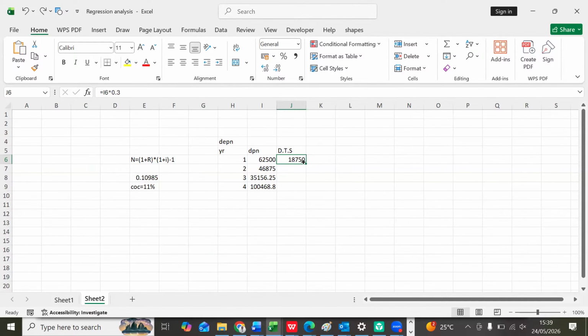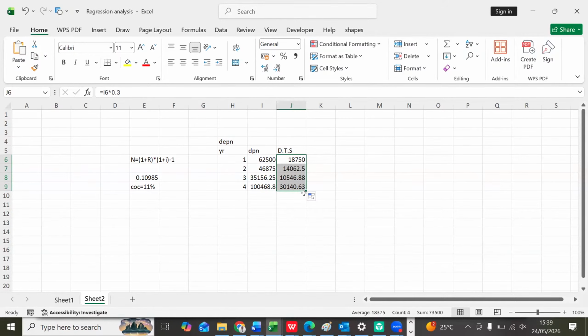Once you reach it and you want to autofill down, you hit this black rabbit with a double click, and you'll be able to get these figures coming. The other option is, once you see this black plus, you scroll down like that. Then you'll be able to get those figures. We call them depreciation tax shield.